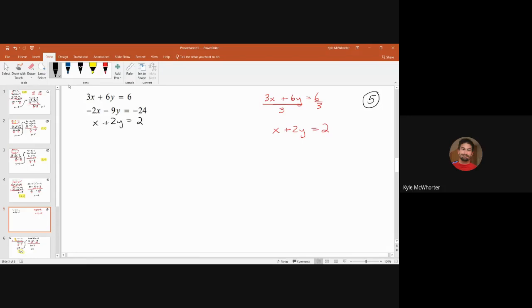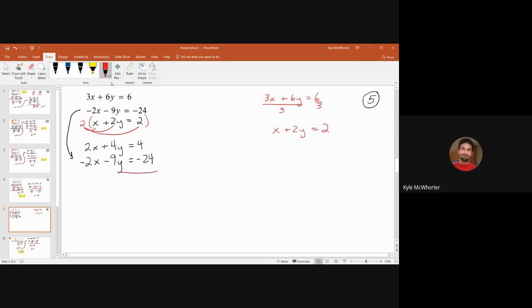Now all I would have to do is multiply the bottom equation by 2 to get my x's to cancel out. So that's going to give me 2x plus 4y equals 4. And then I'll write this equation down there, the negative 2x minus 9y equals -24.